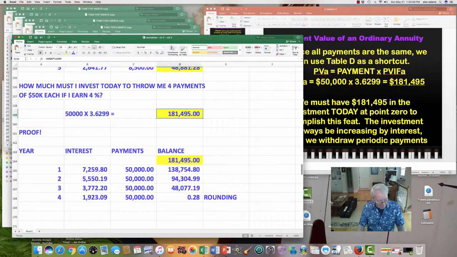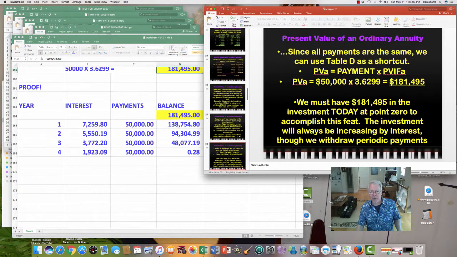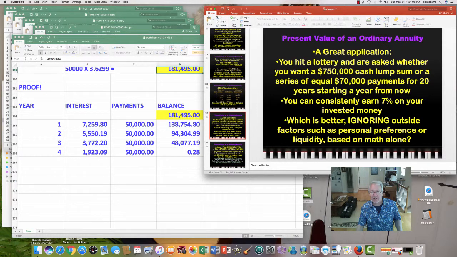Okay? Now, let me end this lecture with one very simple illustration. Okay? This is a very popular application of present value, and I think I'm going to have to demonstrate this in another lecture. But when you win a big money lottery, I don't mean like a $10 scratch ticket, I'm talking like $1 million lottery.